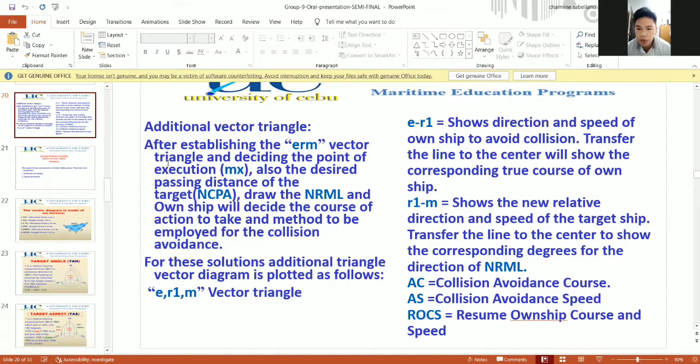ER1 shows direction and speed of own ship to avoid collision. Transfer the line to the center to show the corresponding true course of own ship. R1M shows the new relative direction and speed of the target ship. Transfer the line to the center to show the corresponding degrees for the direction of the NRML. AC, collision avoidance course. AS, collision avoidance speed. ROCS, resume own ship course and speed.